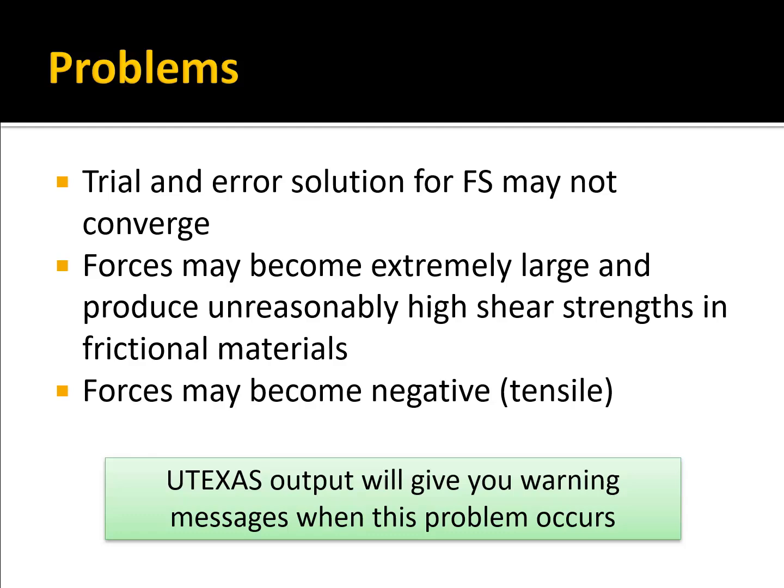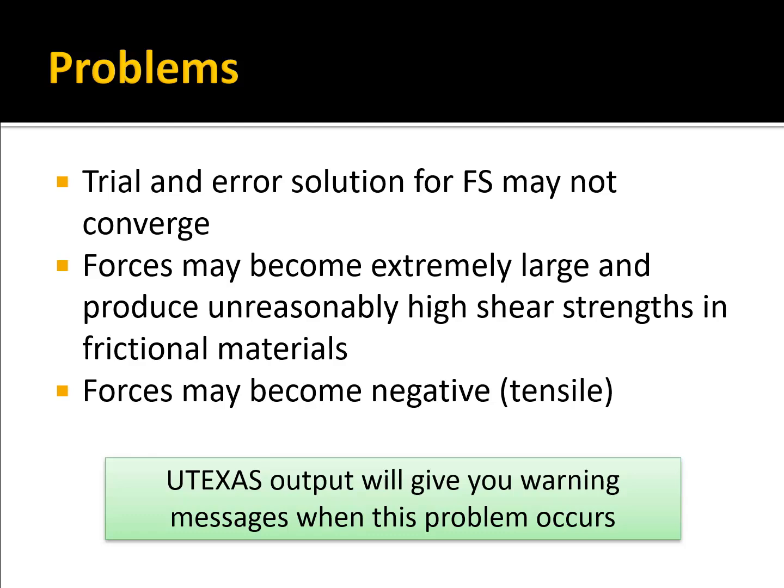Now let me clarify here. We are talking primarily about Spencer's method, or well, there are other methods that have a trial and error. Any of the methods that use a trial and error solution for the factor of safety, so Bishop's, force equilibrium, or Spencer's method.